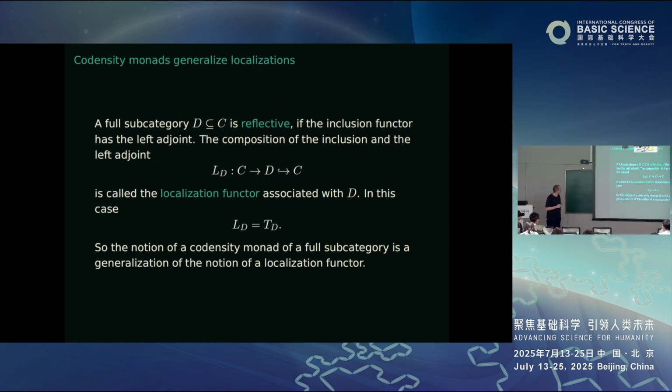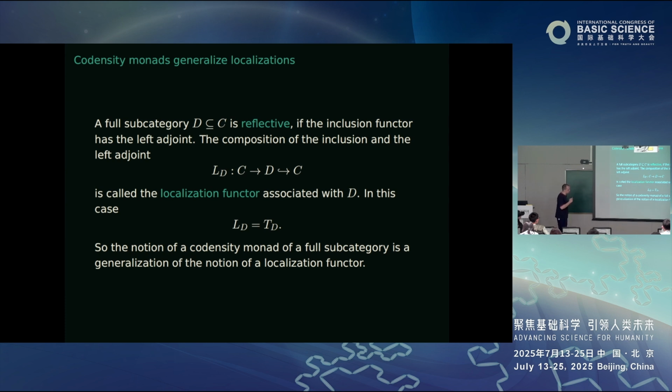Yes, I already mentioned that sometimes codensity monads are idempotent and sometimes are not. And when they are idempotent, they are called localizations. If the subcategory of the category C is reflective, what does it mean? A reflective subcategory is a subcategory such that the inclusion functor has a left adjoint. And then you can take the composition of this left adjoint functor from C to D together with the inclusion.